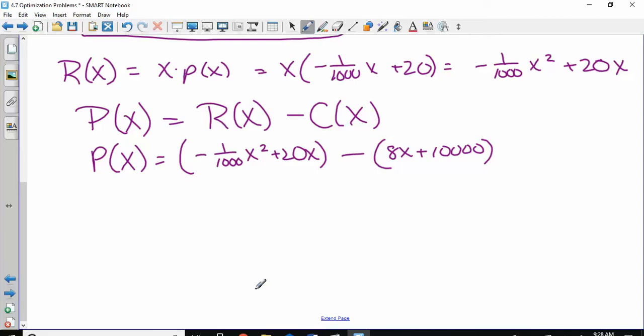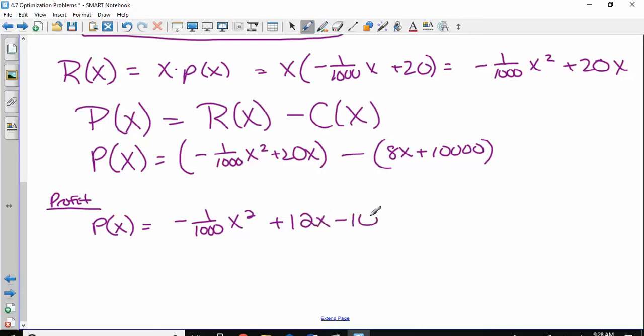Have I lost anyone? It's a lot of things to keep straight. Revenue, price, cost. So, this is my profit equation. 20x minus 8x would be 12x minus 10,000.